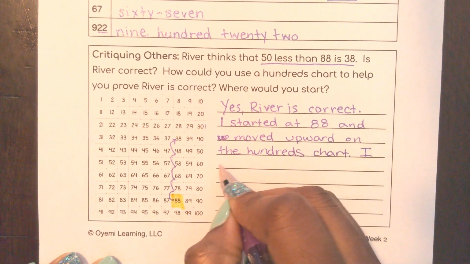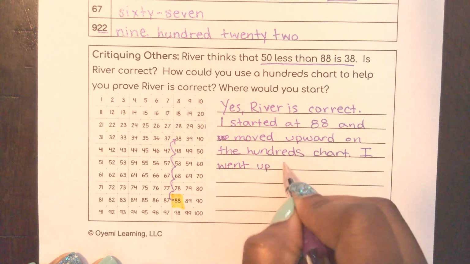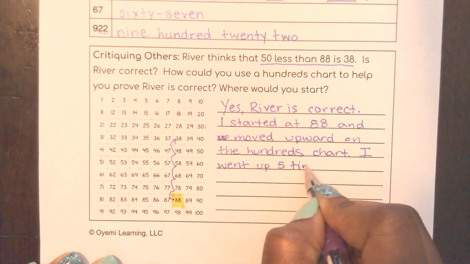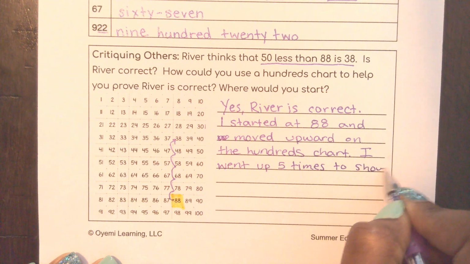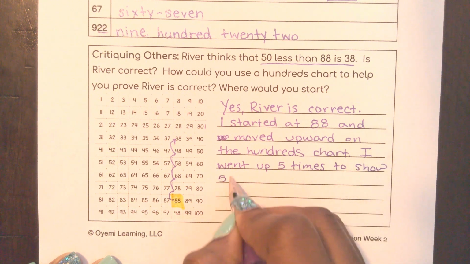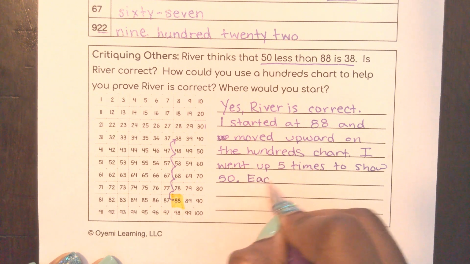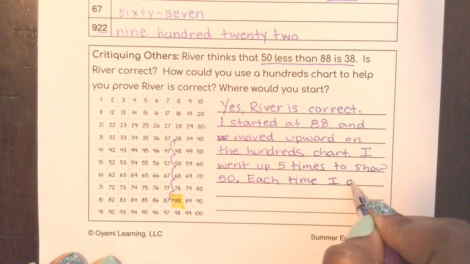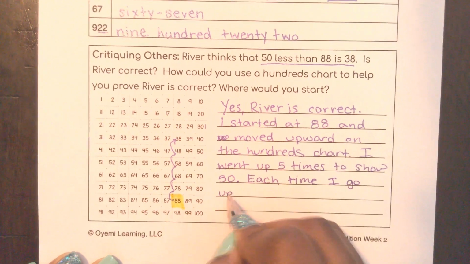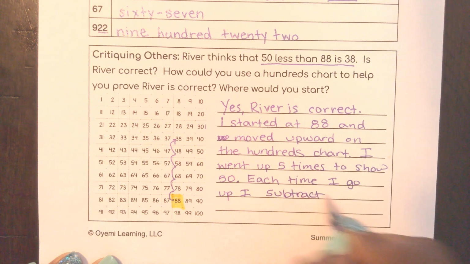I went up 5 times to show 50. Each time I go up, I subtract 10.